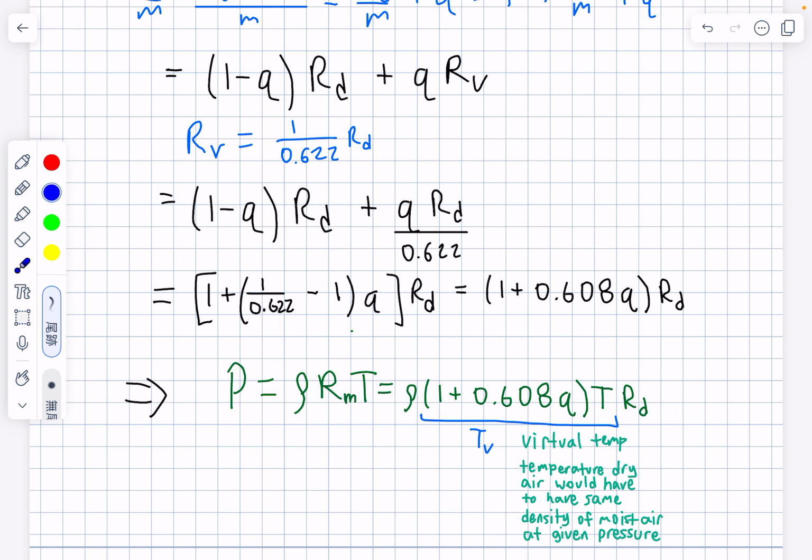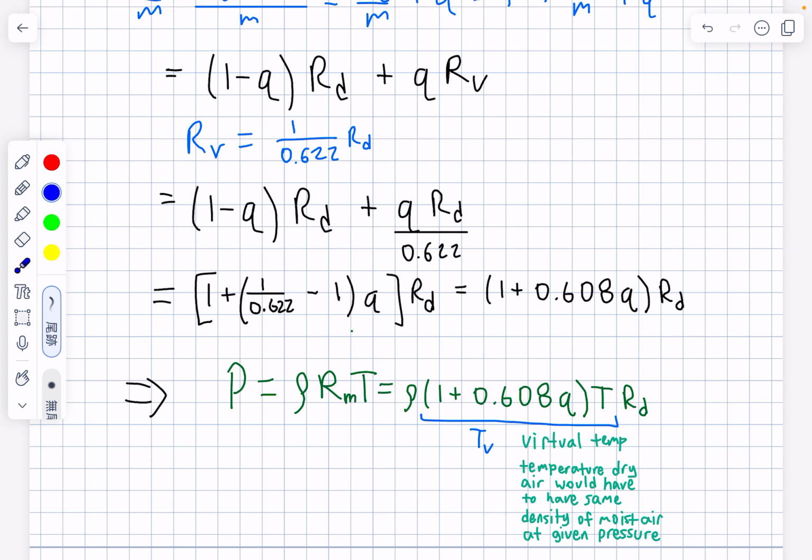So that gives us this 1 over 0.622 minus 1 term times q. And then we're also left with the 1 times Rd. So that's where the 1 comes out. And we've also taken the Rd out already. So instead of q Rd, we put it out here. Instead of Rd, we put it out here. And this term, by simple calculation, is 0.608.